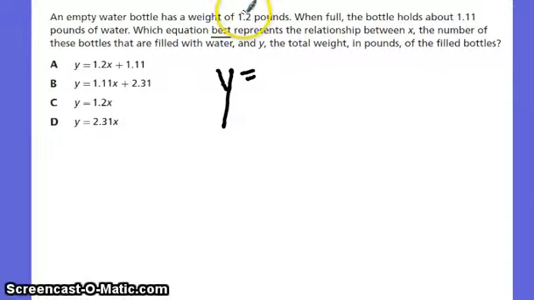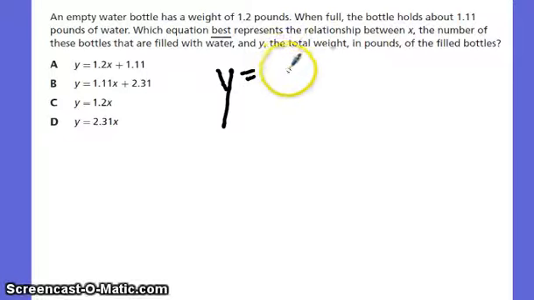The bottle itself has a weight of 1.2 pounds. It's a big old water bottle. When full, the bottle holds about 1.11 pounds of water.